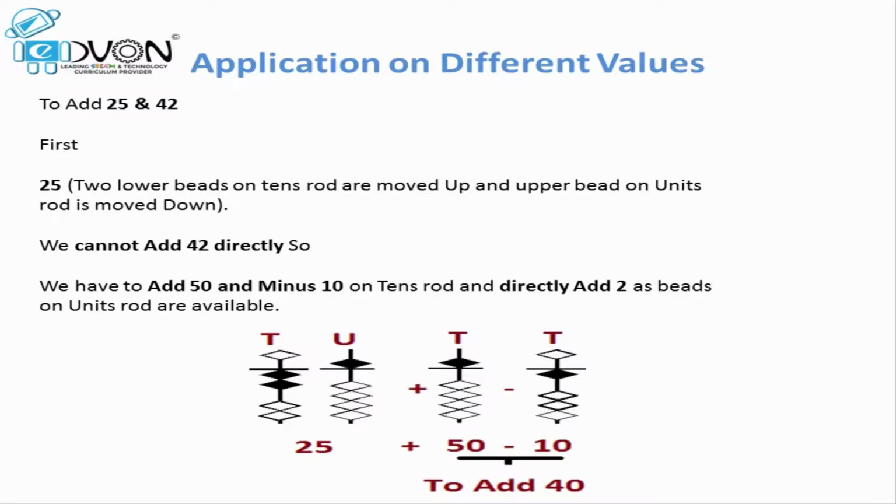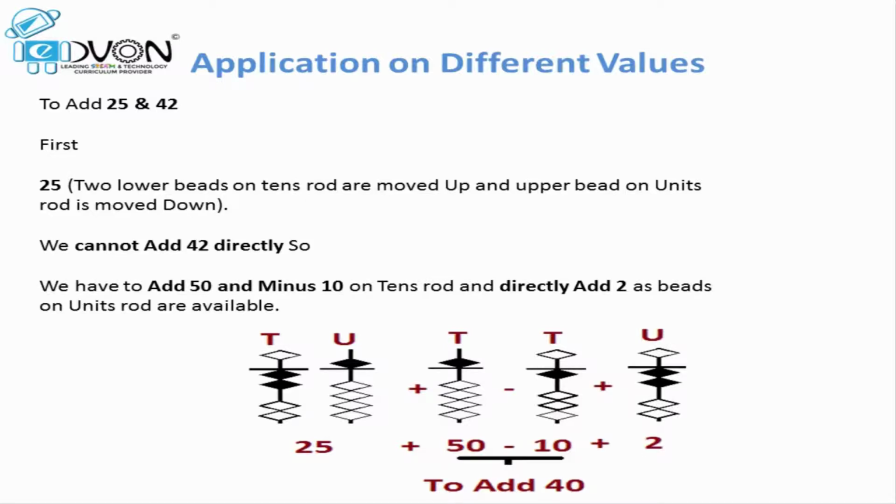Now to add 2 on units, we can easily directly add 2 as we have enough lower beads available on units rod. So we will move 2 lower beads up to the calculation bar on units rod.